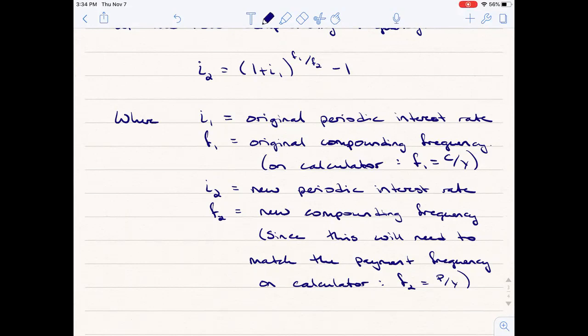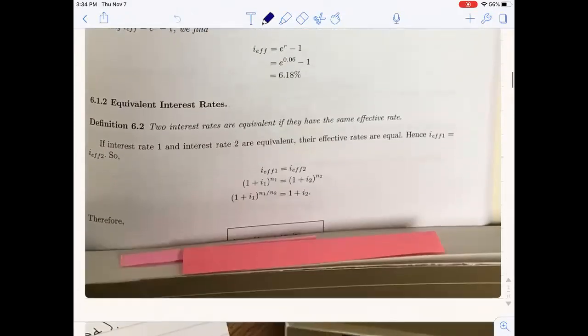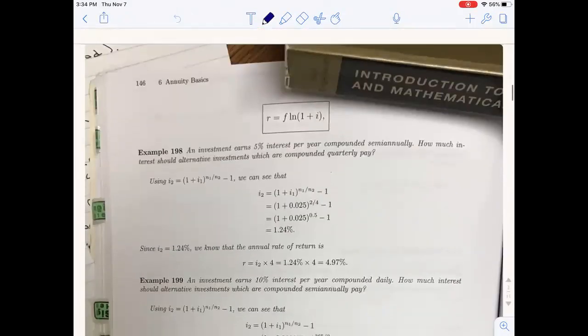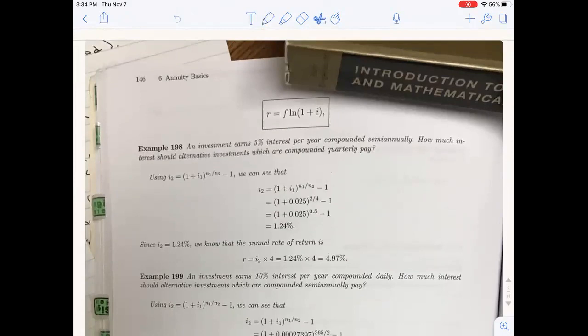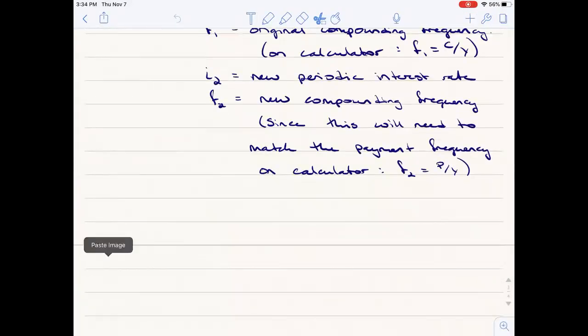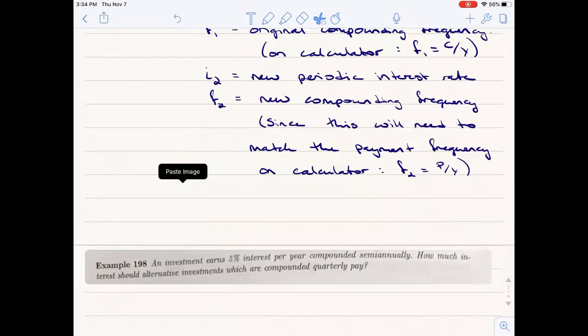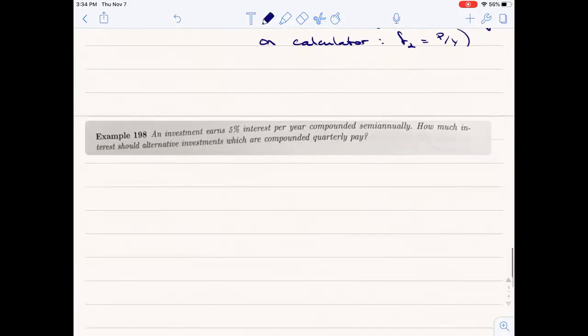Okay, let's do an example. Example 198. An investment earns 5% interest per year, compounded semi-annually.